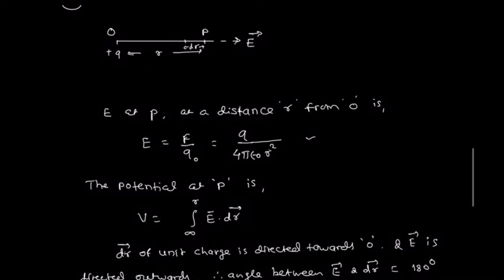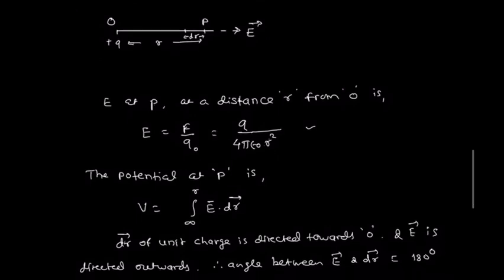Therefore, what is the angle between E and dr? We take the dot product. Both are opposite in direction. Electric field is along positive x direction and the point P is shifted towards the point O with displacement dr. Both are opposite in direction.